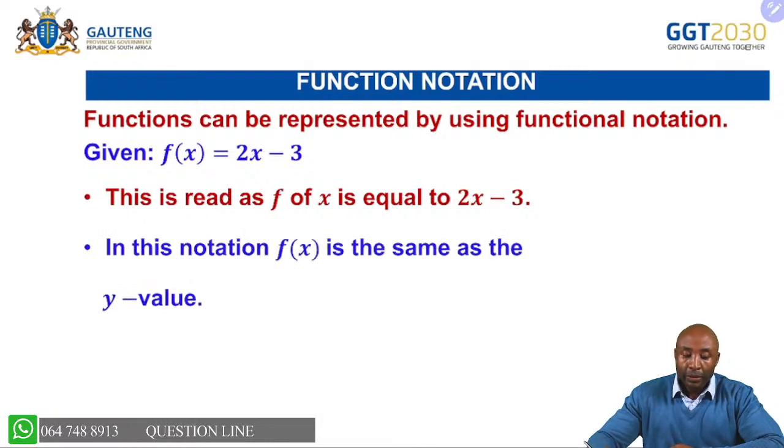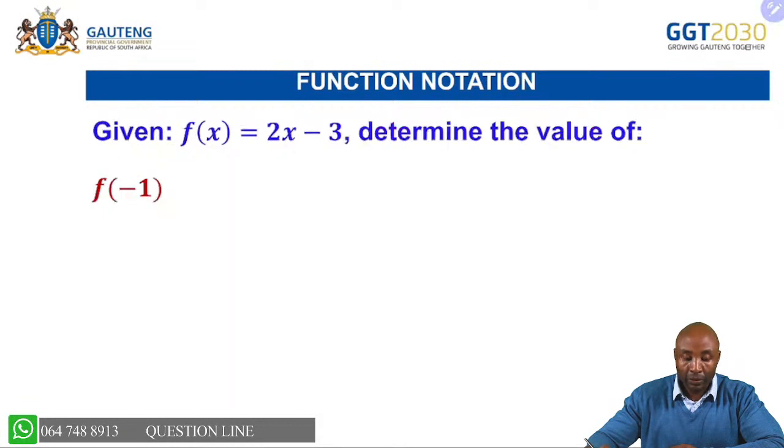And for us to get the y value, in place of x, we will substitute a value. Whatever we get as the output gives us our y value. For example, if our x is 2, we will say f of 2 will be equal to 2x minus 3. That is the correct way of doing it.